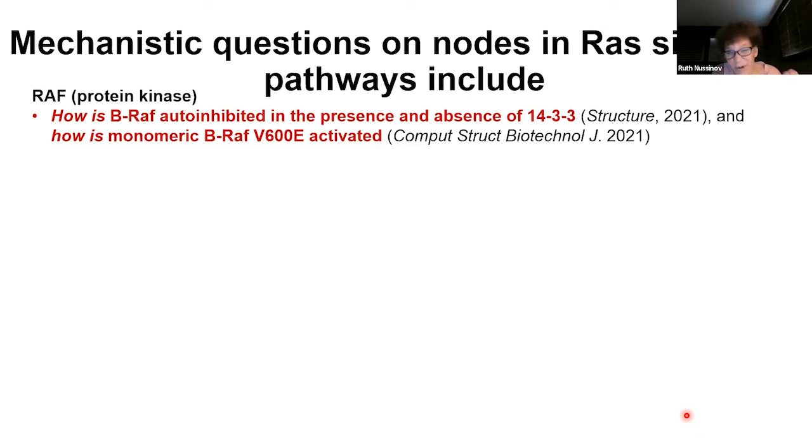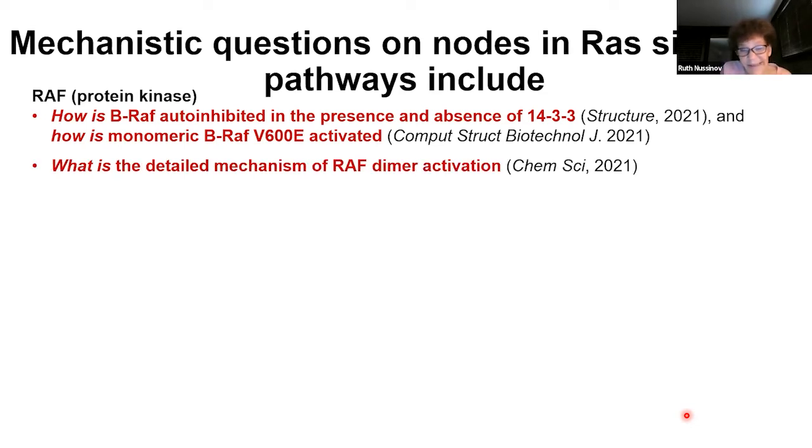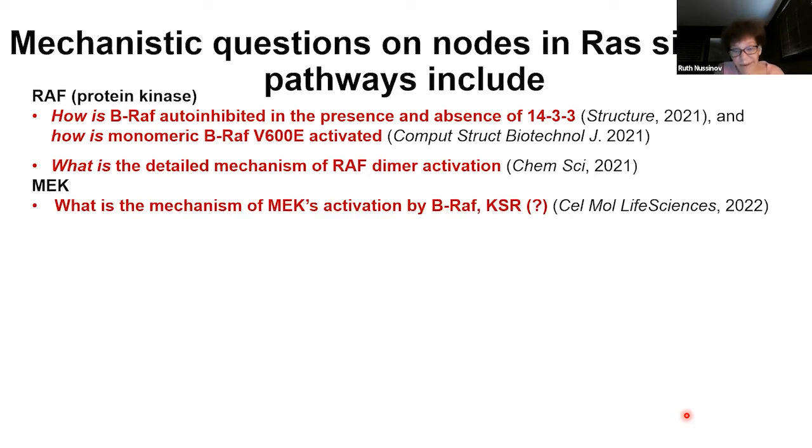And how is monomeric B-Raf, this particular mutation V600E, activated? And now we are also looking at V600K. What is the detailed mechanism of RAF dimer activation? As to MEK, what is the mechanism of MEK's activation by B-Raf and KSR?